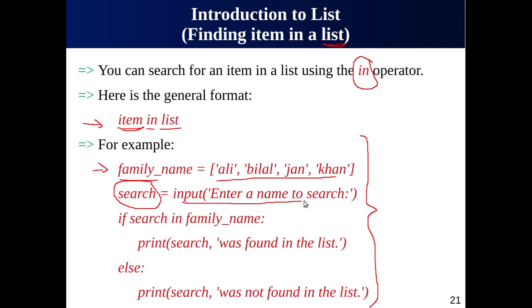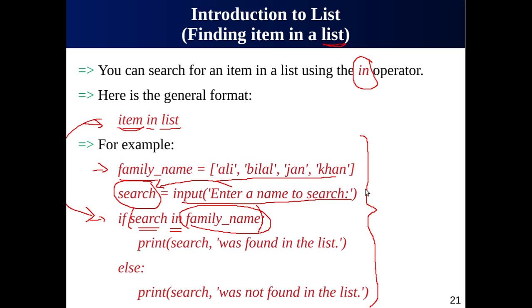We want the user to enter a name to search, and whatever name the user provides, we are assigning it to the search variable, and then we are taking a decision on that variable. If you see, here is the syntax that we just saw. This is the name of the list, family names, in is the operator, and search is the item.